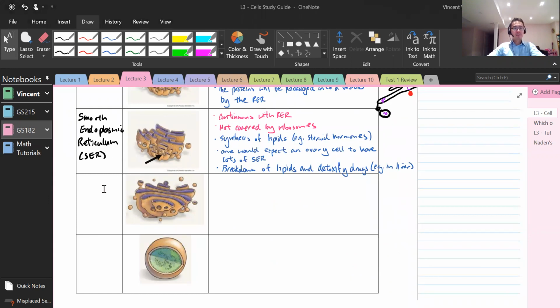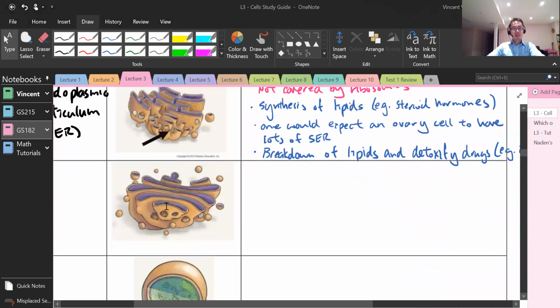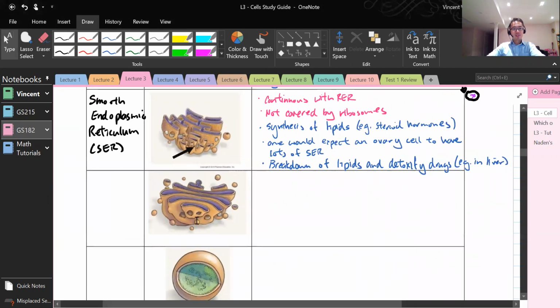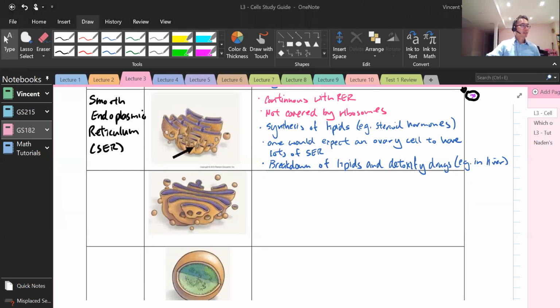Next part, we have this thing. Anybody know what that is? What is that I'm looking at? That is the Golgi body or the Golgi apparatus. That is correct.